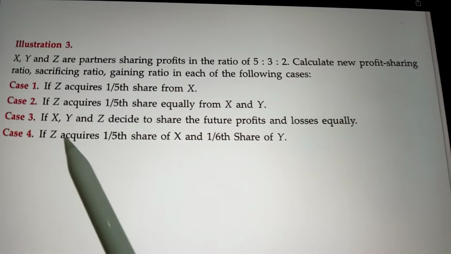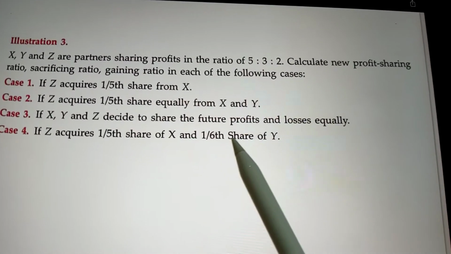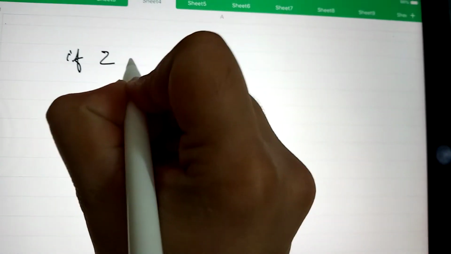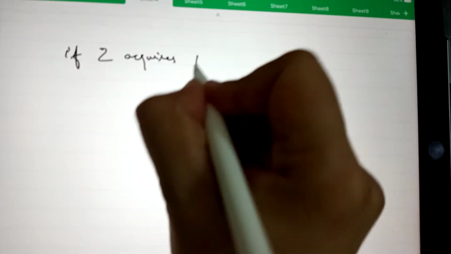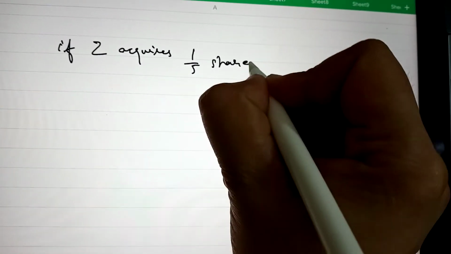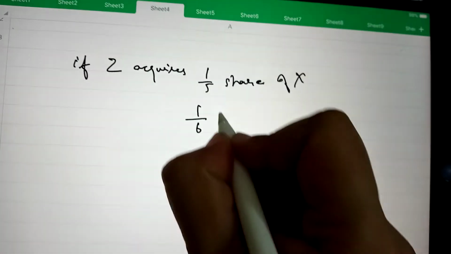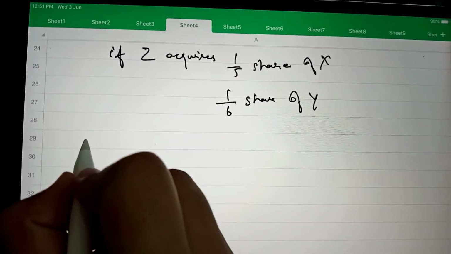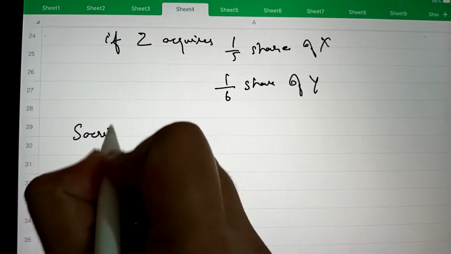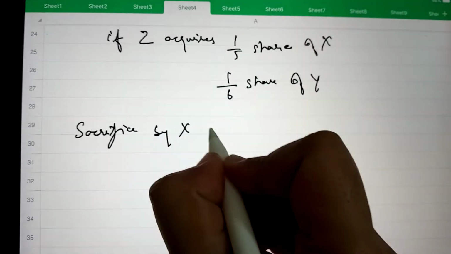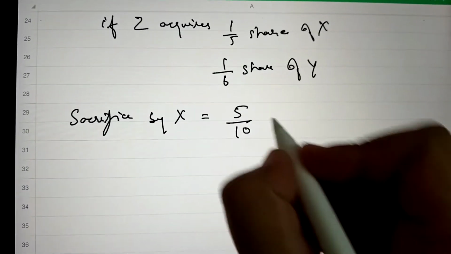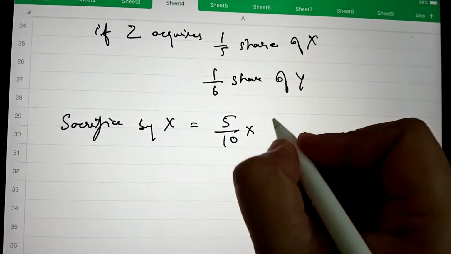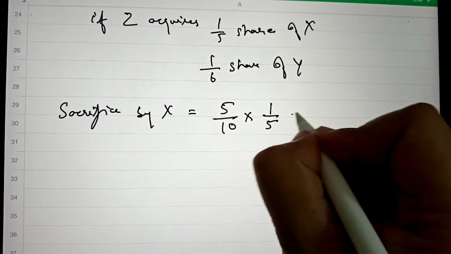Last case, fourth case is if Z acquires 1/5 share of X and 1/6 share of Y. So here we can calculate the sacrifice made by X. Sacrifice by X will be his whole share, which is given to us 5/10, multiplied by his sacrifice, 1/5.